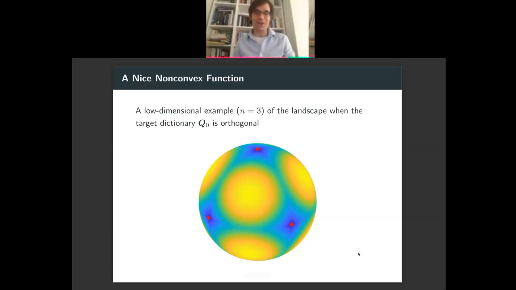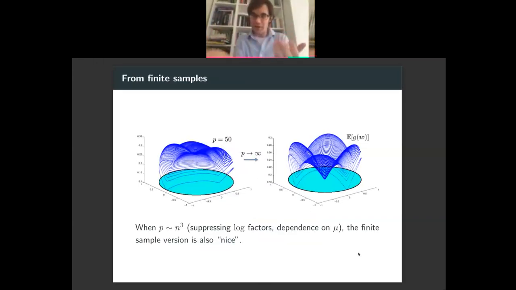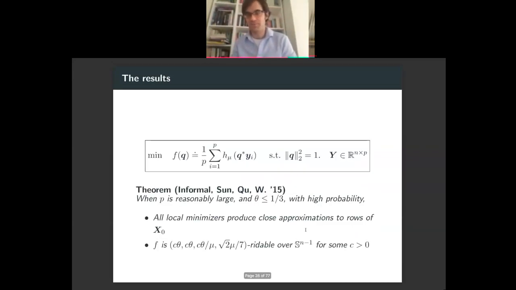In particular, you want gradients and Hessians to be uniformly close to their population versions. If that's the case, if you have enough data, then you get from something that might be a little bit rough in a small sample setting to something that has this nice geometry, where you're going to be able to find correct answers. And this is a thing that one can prove.